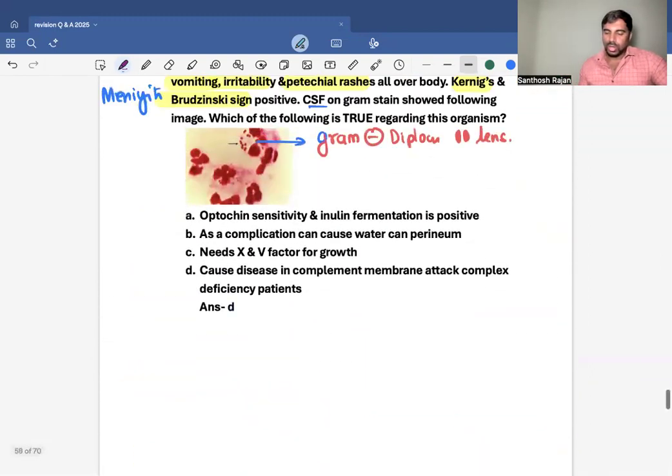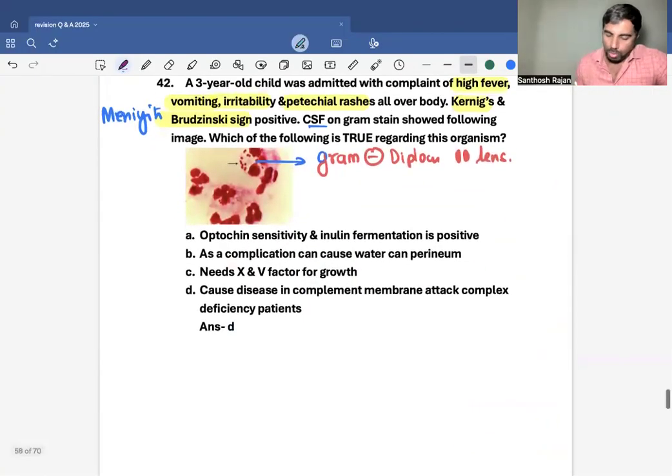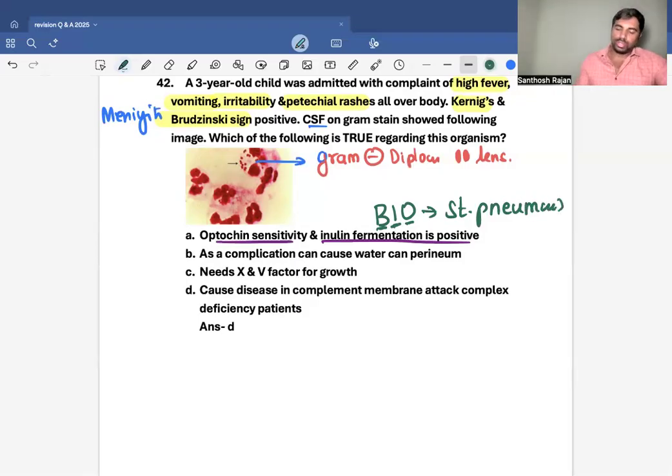You can see here, optochin. Which is characteristic for this, they are asking. Optochin sensitivity and inulin fermentation positive, definitely not. These are for Streptococcus pneumoniae. I told you the shortcut: bile solubility, inulin, optochin. O for optochin, I for inulin fermented, B for bile solubility. Waterhouse-Friderichsen is for meningococcus.